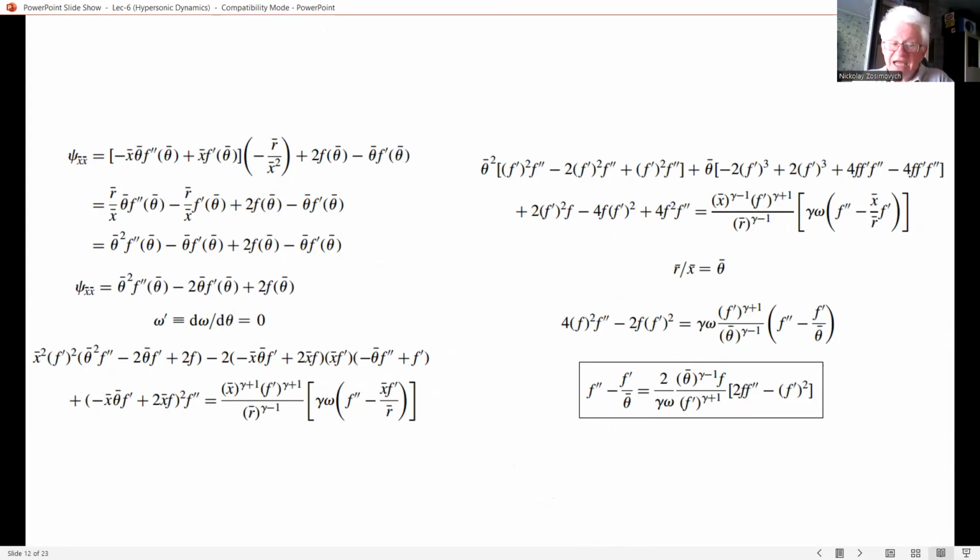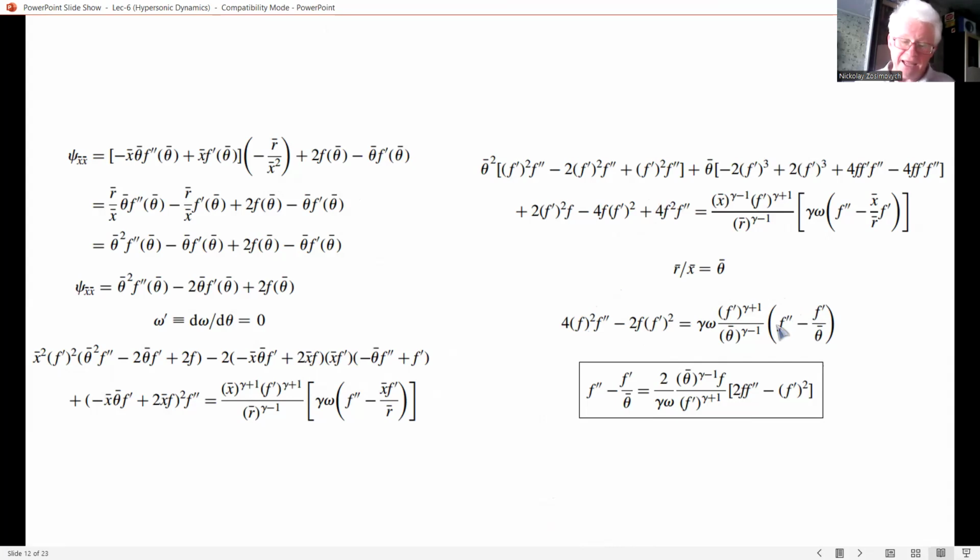It was obtained from the system of hypersonic small disturbance equations. And indeed, it replaces the system with a single ordinary differential equation in terms of one unknown. Which unknown? The unknown function f of theta average.